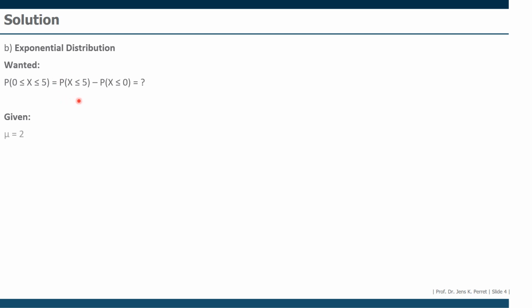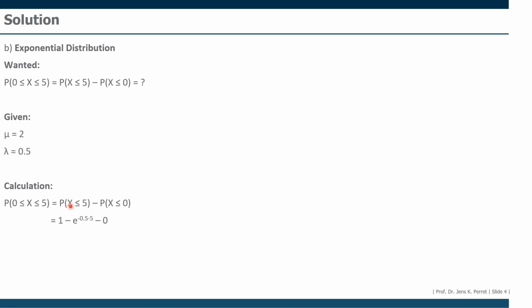Well, again, we know we have an average of 2, thereby a lambda of 0.5. So we can simply take again our formula for the exponential distribution. And as I mentioned, we have to calculate these two probabilities, but the second one we know from part A, which is 0.